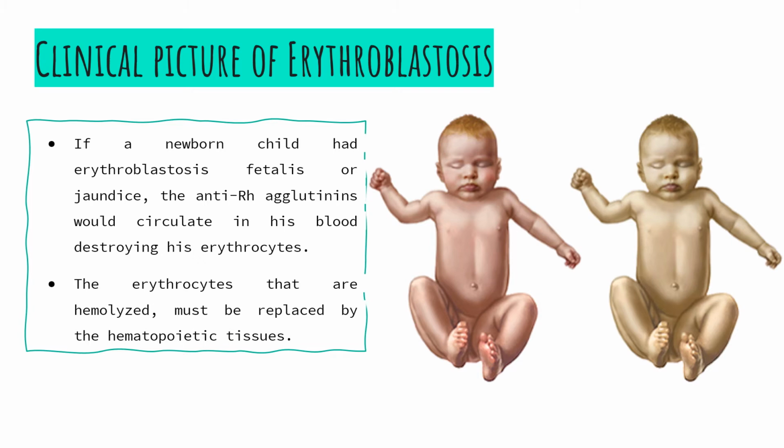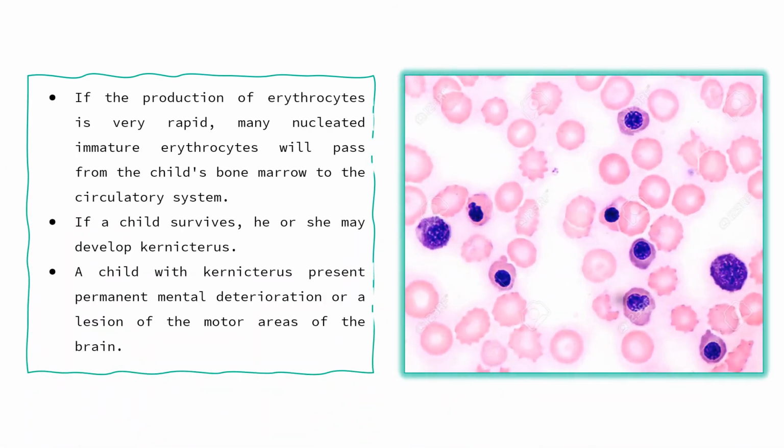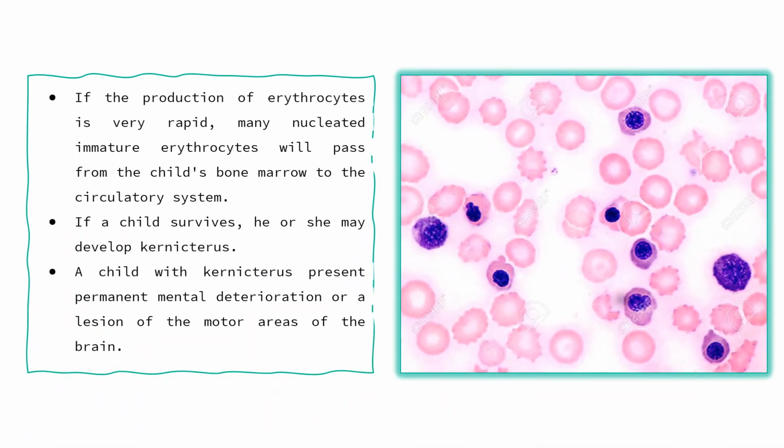The hematopoietic tissues of the child work to replace the hemolyzed red blood cells. The liver and spleen are greatly enlarged and produce red blood cells in the same way that they normally do during gestation. If severe anemia occurs, it could be fatal.